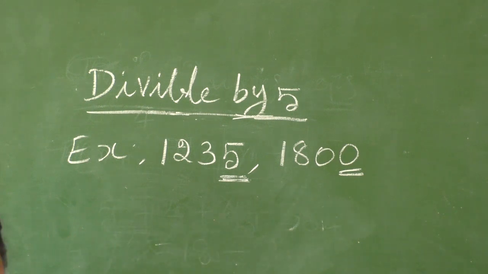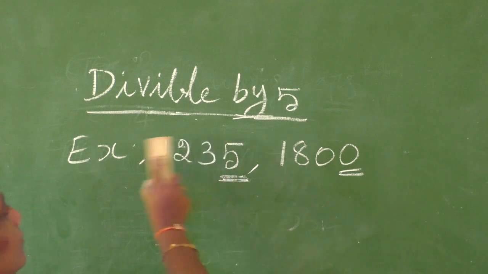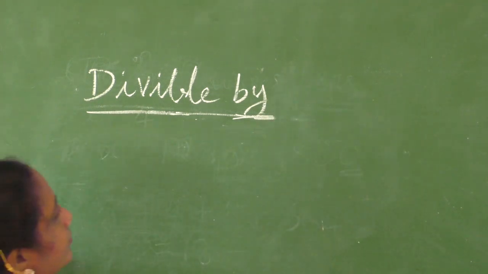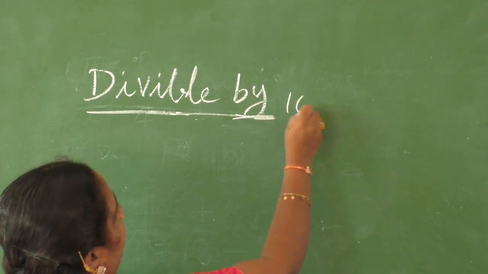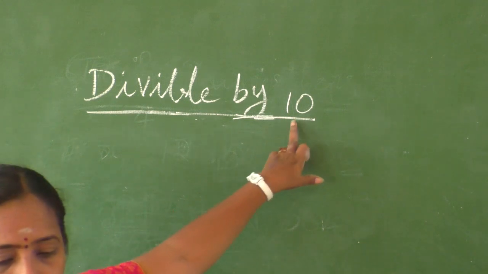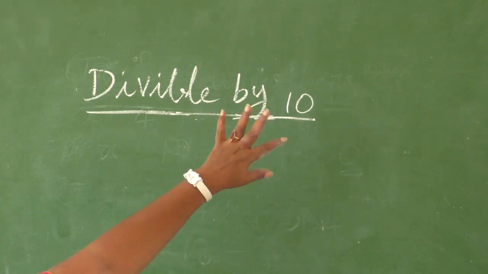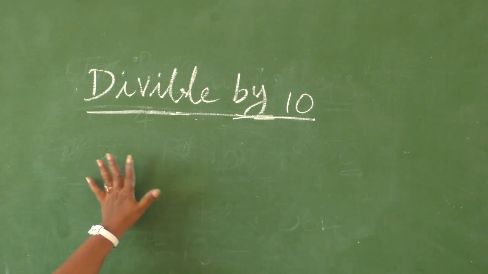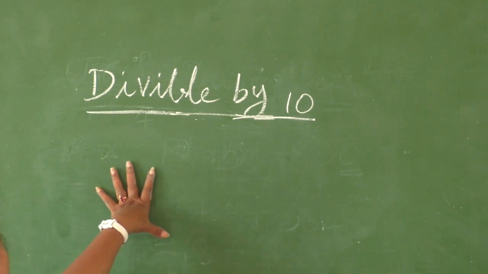Okay. Then the next rule, divisible by 10. A number is divisible by 10 if the digit in the ones place is 0.